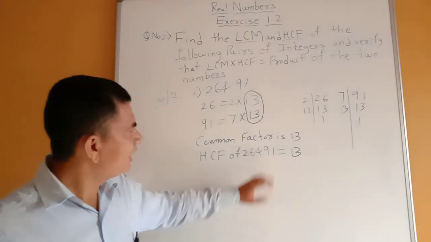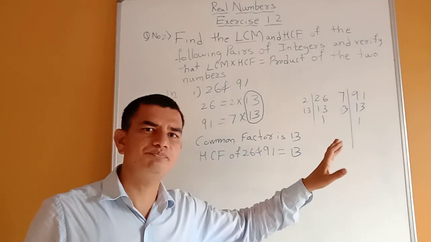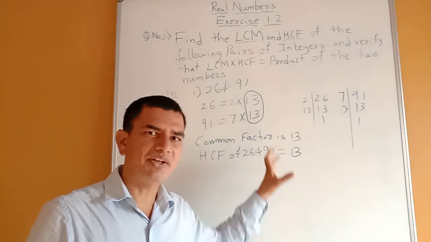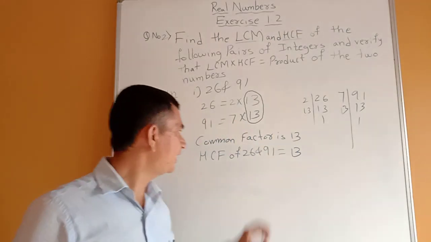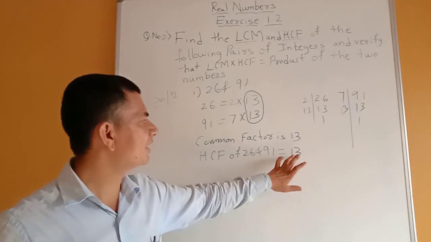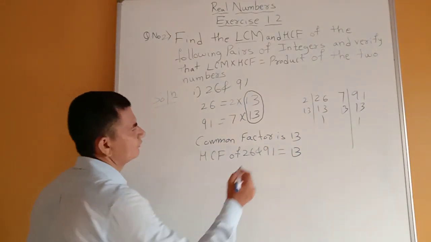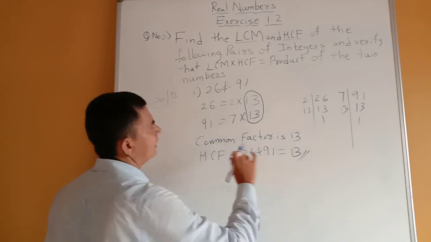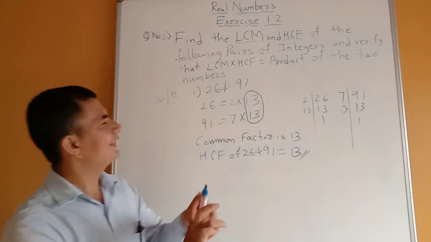Just think, if you get two different common factors, we have to compare them. Here only one common factor is there, and it is the highest also. So 13 is the HCF.